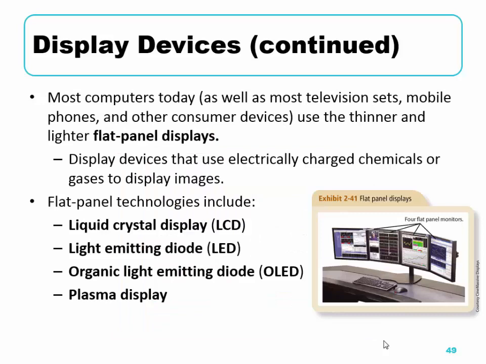Most computers today use the thinner and lighter flat panel displays. Display devices that use electrically charged chemicals or gases to display images. There it gives you some examples: liquid crystal, light emitting or LED, and plasma.